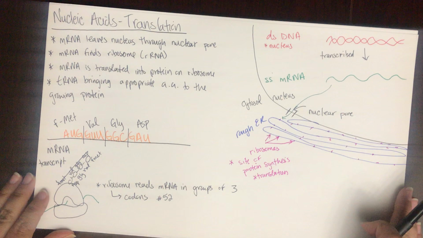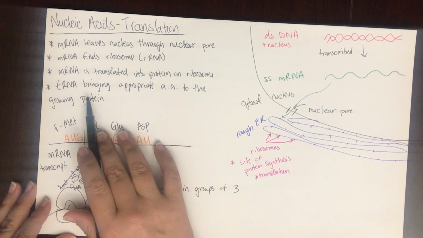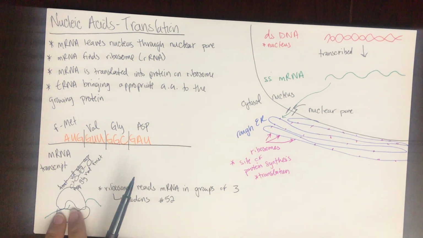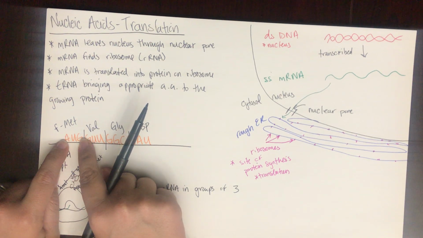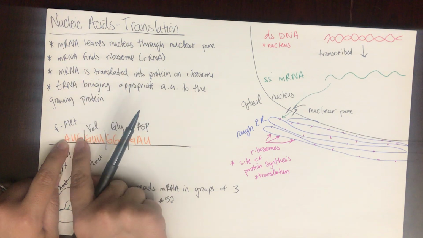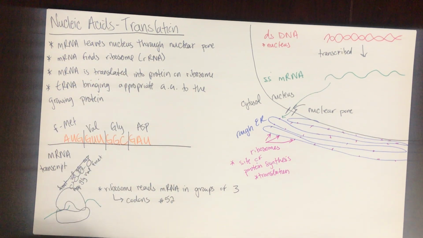The messenger RNA is translated into protein on the ribosome. The tRNA brings the appropriate amino acid to the growing protein. So the ribosome reads AUG, that's F-met, which means a tRNA is going to bring the F-met there. tRNA stands for transfer RNA.